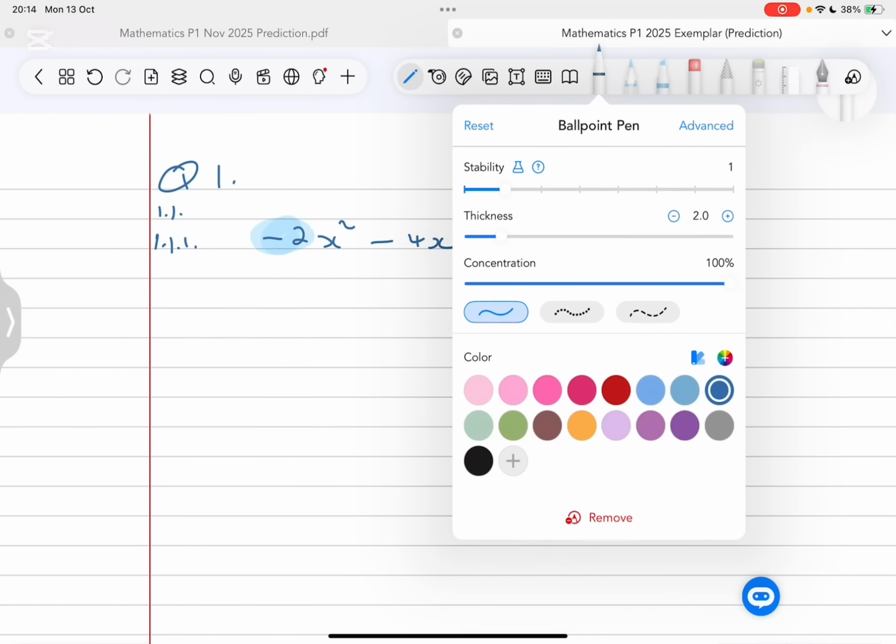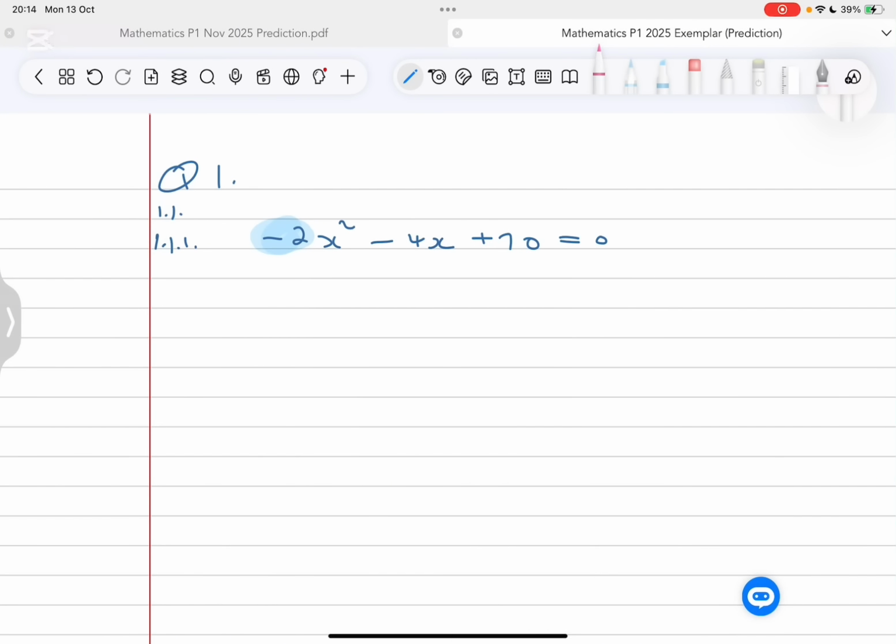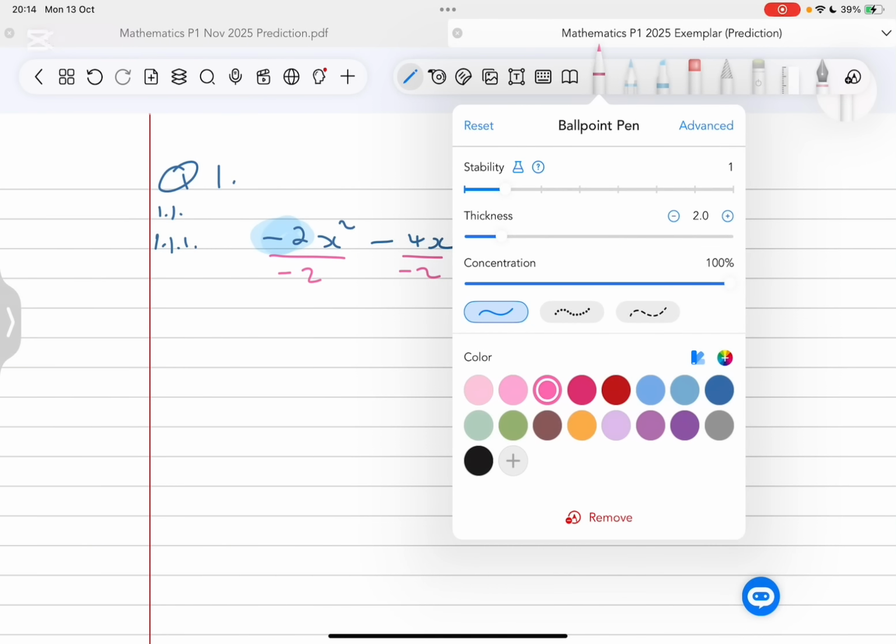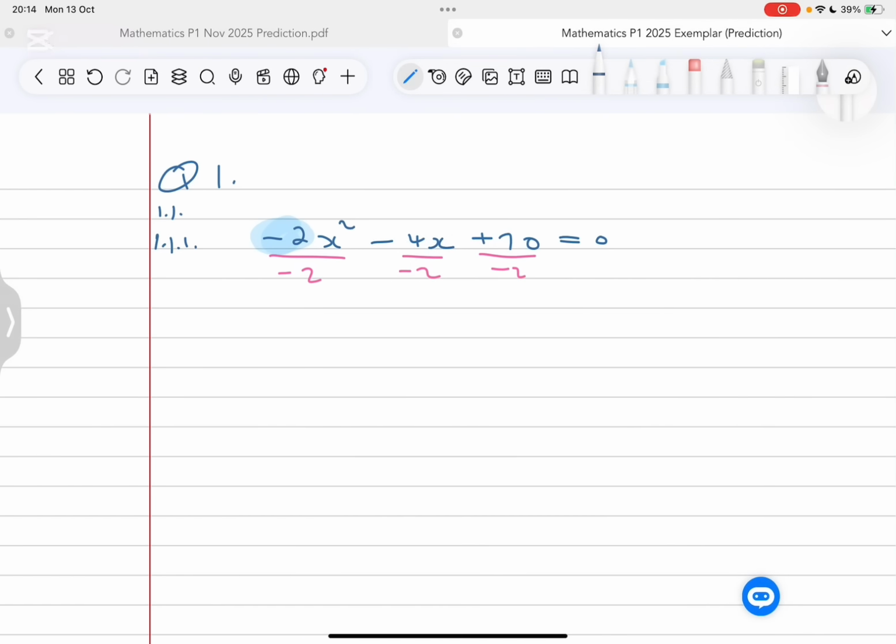So here, in this specific question, I can see that the 2 is actually divisible into the 4 and the 70. So I'm going to divide here by the negative 2, so that my equation now reduces to x squared, because negative 2 divided by negative 2 is just a 1.